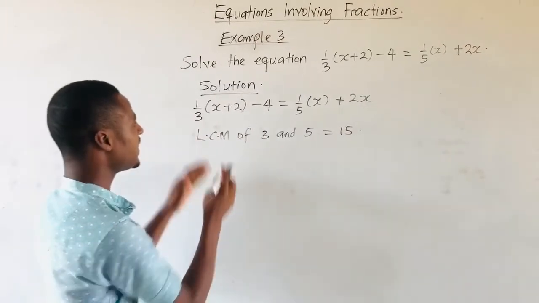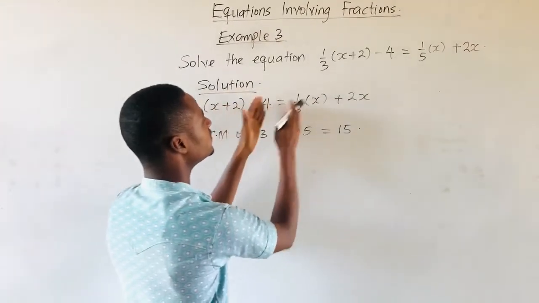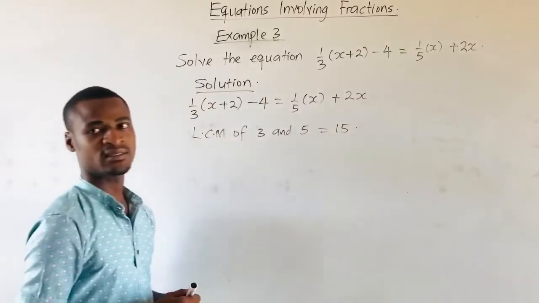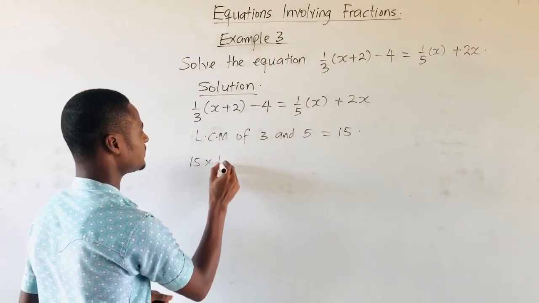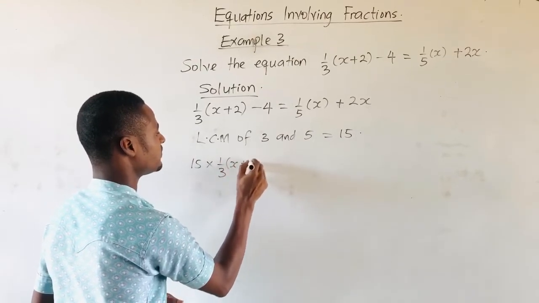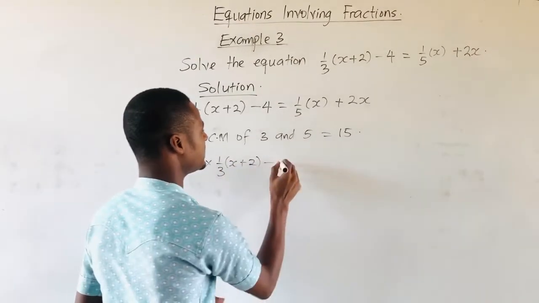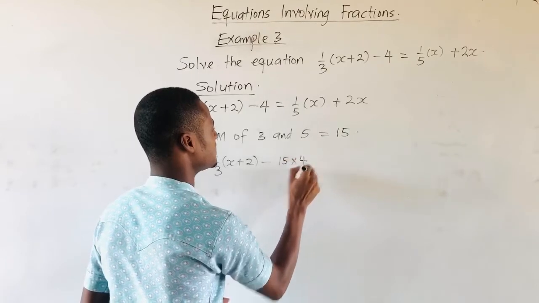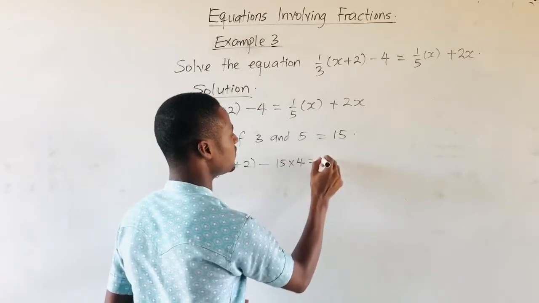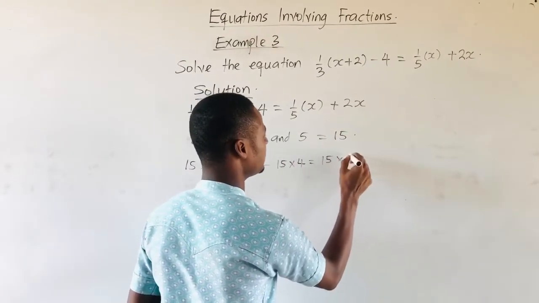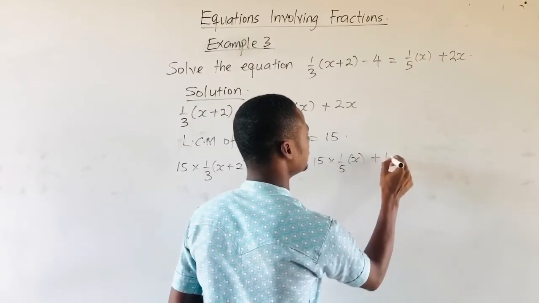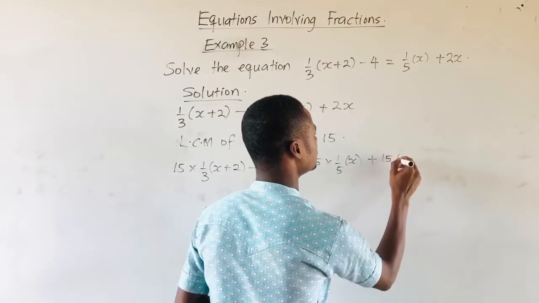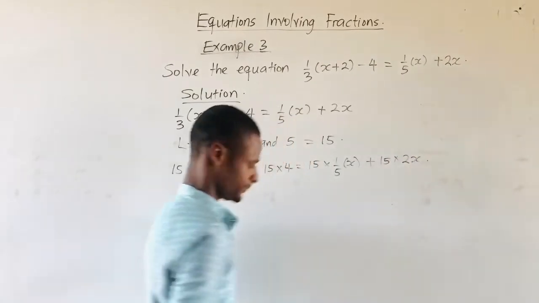So we multiply each term of the equation by 15, and that will give us 15 times the first term minus 15 times the second term, that is equal to 15 times at the right hand side. We have this term plus 15 times 2x.